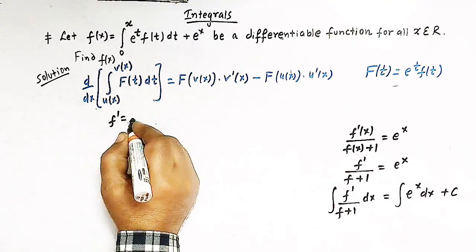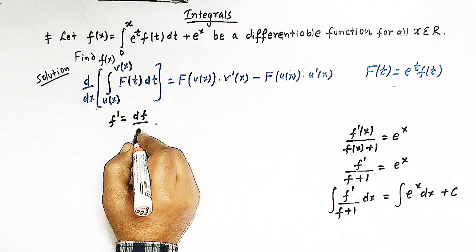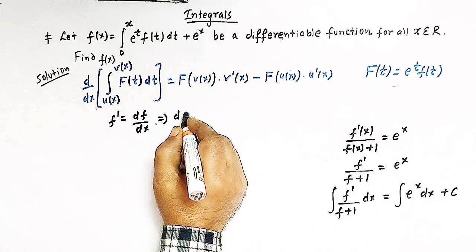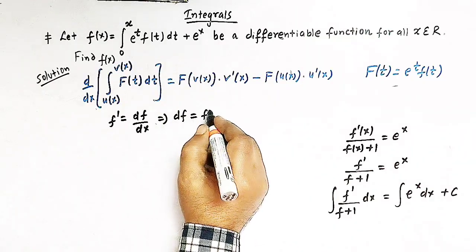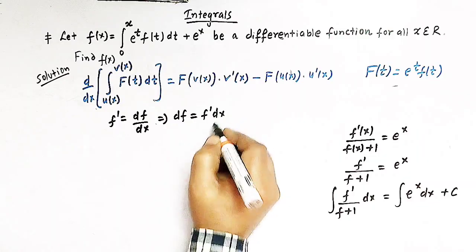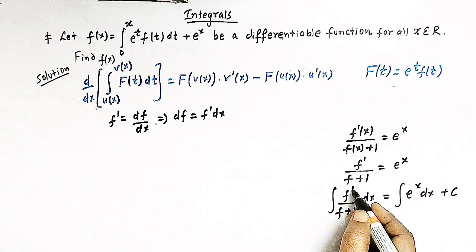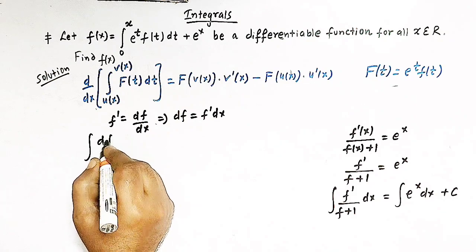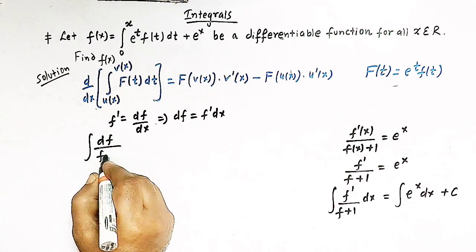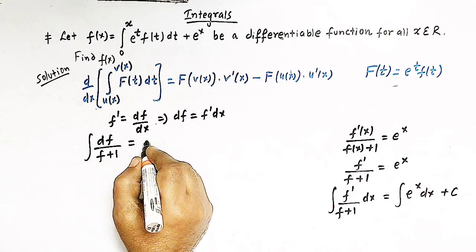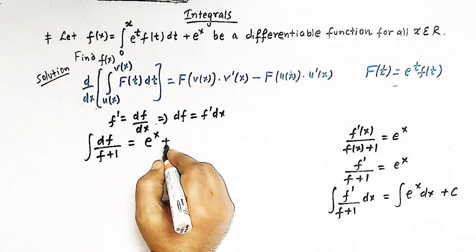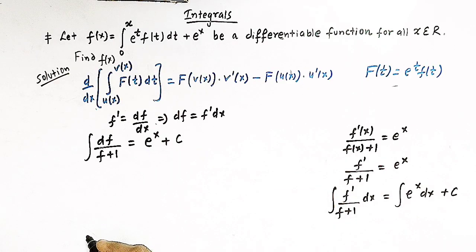So f prime is equal to df over dx, and this implies that df is equal to f prime dx. So replacing f prime dx by df, we have the integral of df over f plus 1, and here we have the integral of e raised to x, plus c, the constant of integration, right?